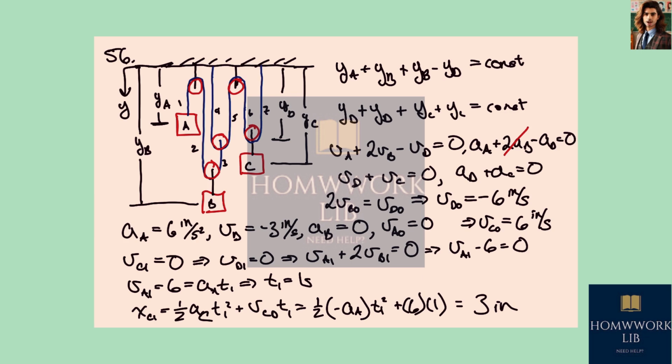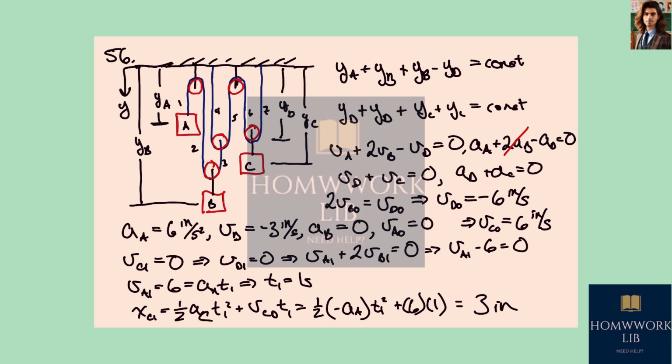Now, we're asked, we want to know at what time does the velocity of this pulley equal 0. So I'll call that VC1, so velocity of C at time 1. And we don't know what time 1 is, but we know the velocity is 0. That means from here that VD at time 1 must be 0.